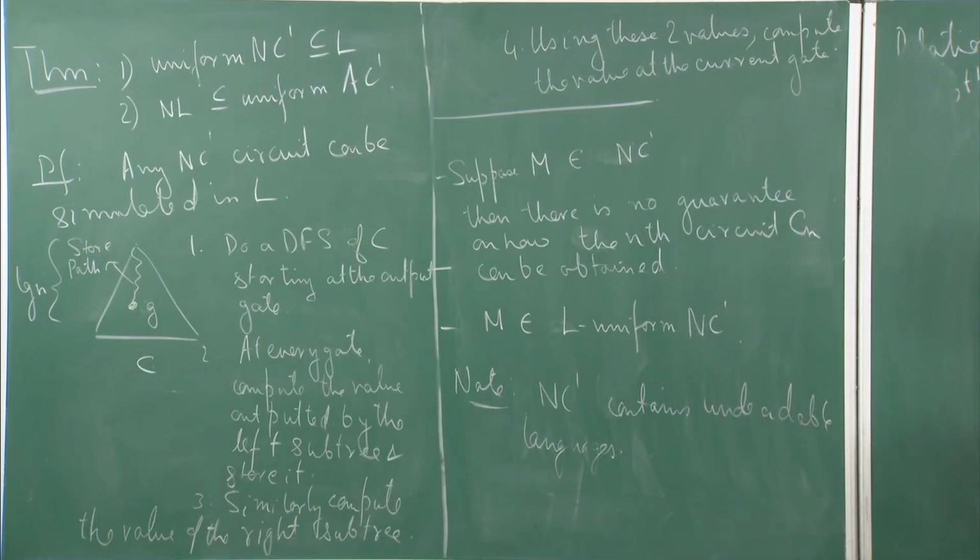So we have to argue that for every problem in NL, there is an AC1 circuit.